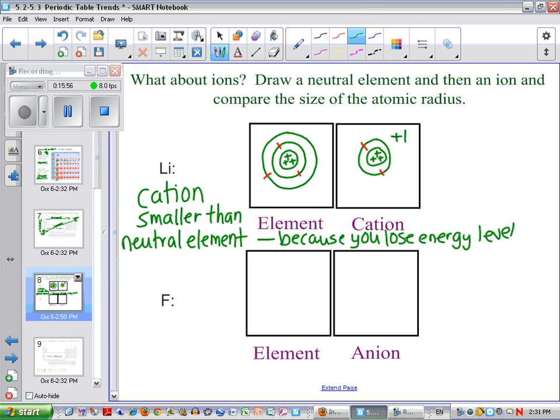Let's look at fluorine, okay? Fluorine has 9 protons, 1, 2, 3, 4, 5, 6, 7, 8, 9. And it has 9 electrons in its elemental form. As an ion, this one forms an anion.